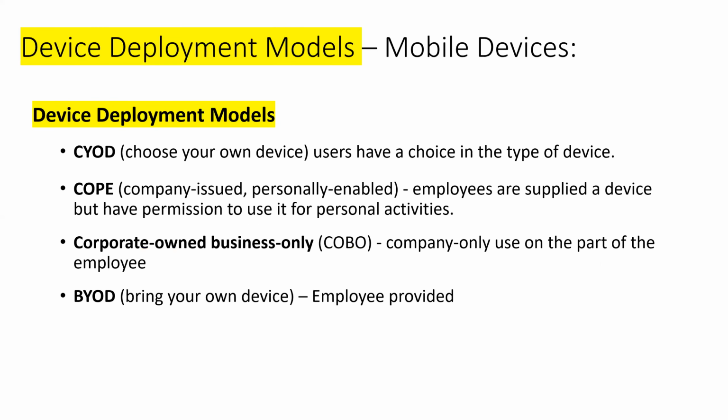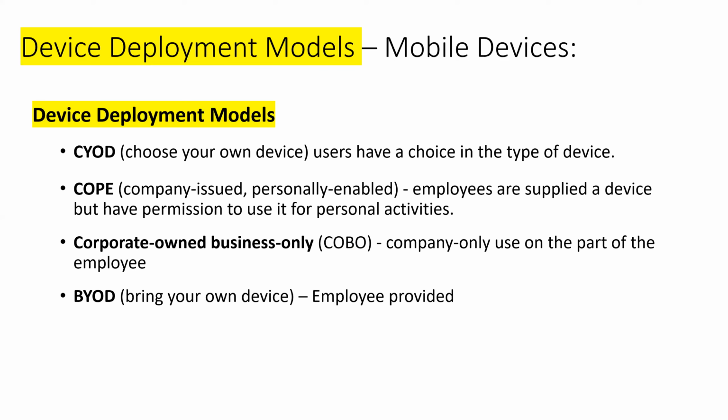And again, here are some things you see in device management policy for different device types. You've got CYOD, choose your own device, COPE, company issued, personally enabled, COBO, corporate owned, business only, and BYOD.